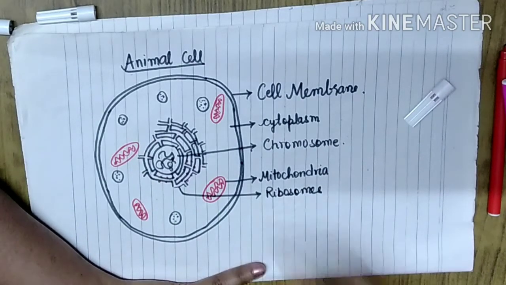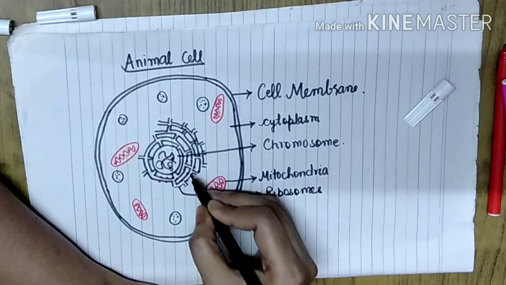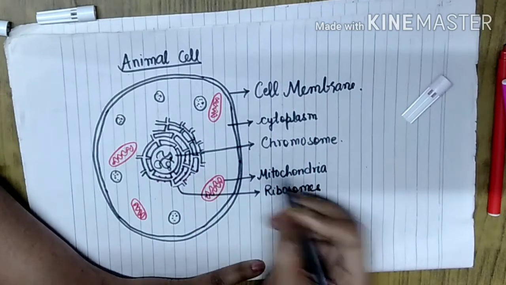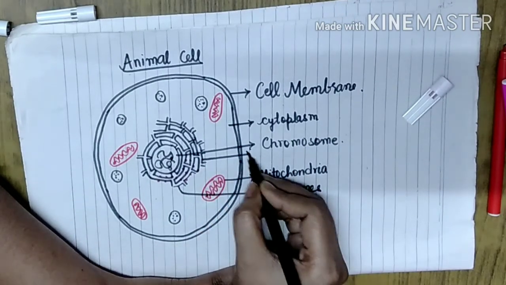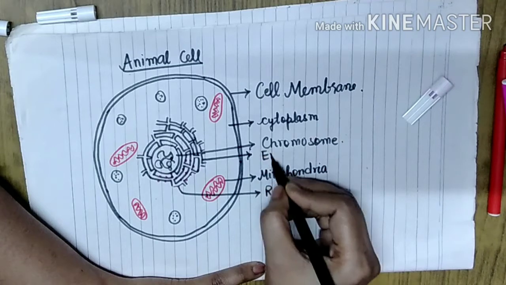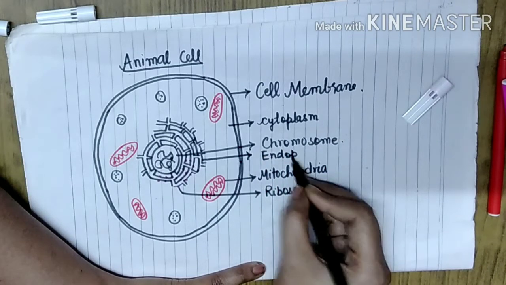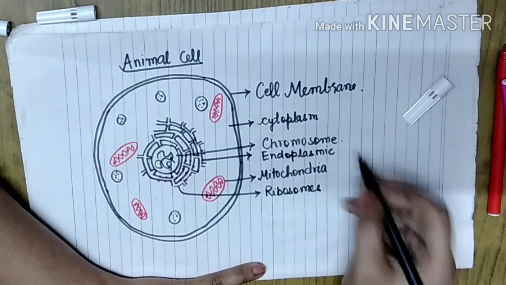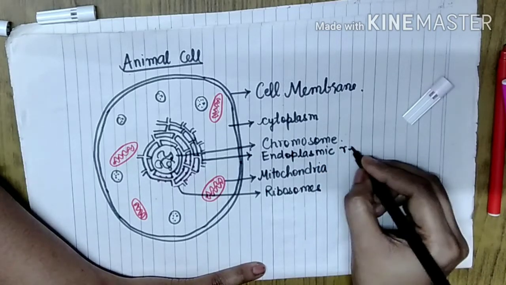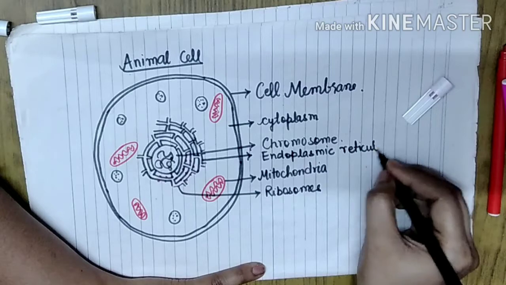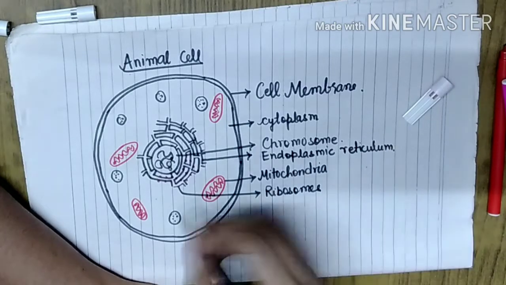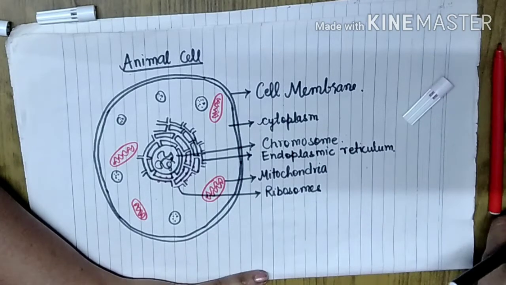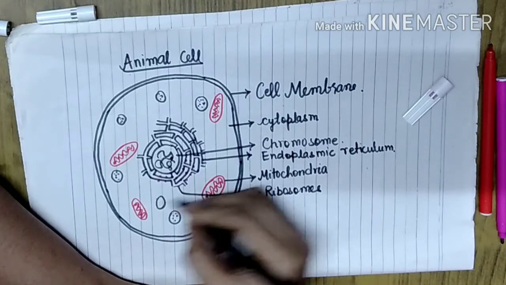So enzymes and proteins which are secreted by the ribosomes are transported to different cell body structures by the endoplasmic reticulum. You will show these ribosomes throughout. They are also freely suspended throughout the cytoplasm.